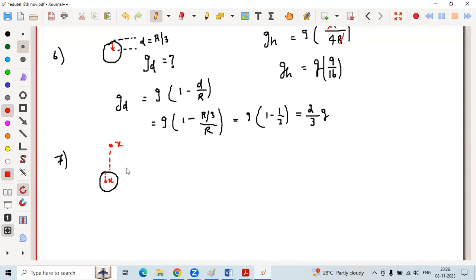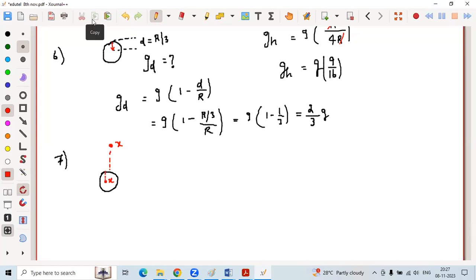Any answer? First of all, question புரியுதா உங்களுக்கு? Earthல இருந்து மேல போயிட்டு இருக்கேன். G value vary ஆகும். Earthல இருந்து கீழே போயிட்டு இருக்கேன். G value vary ஆகும். எந்த இடத்துல G at height, G at depth will be same. Right? பாருங்க எப்படி பண்றது. This is also from the previous question.